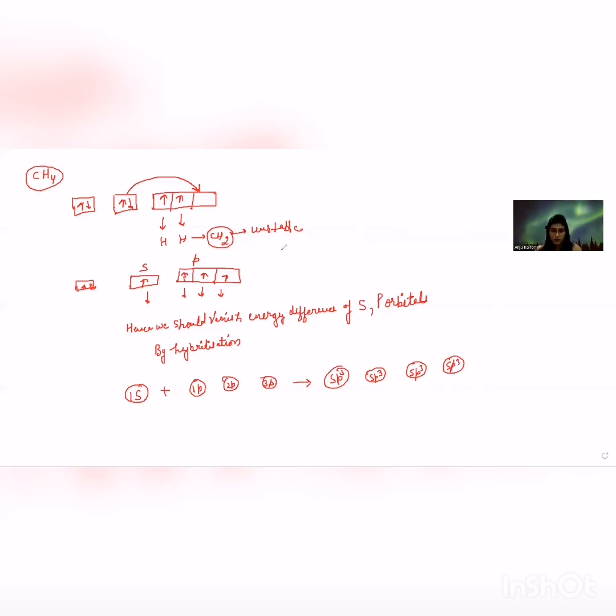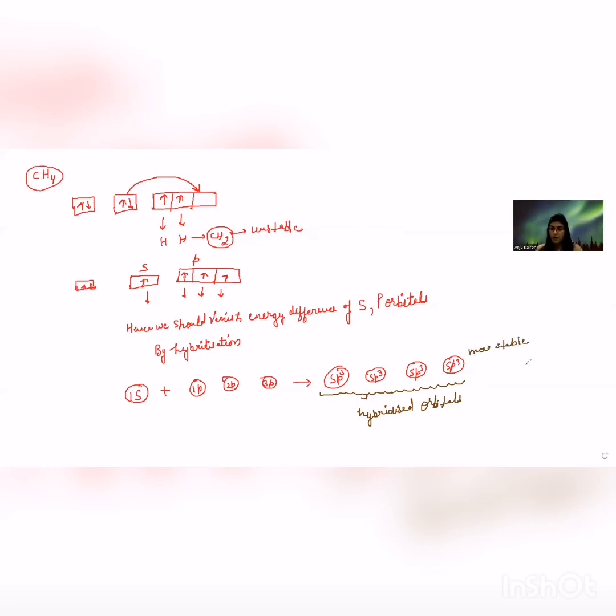Now these equivalent energy orbitals are called hybridized orbitals. All right, these have the same energy levels. That's why we need hybridization, and the stability of these orbitals is very high. These orbitals are more stable.